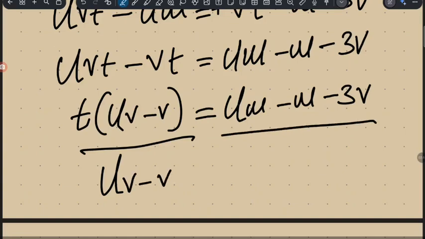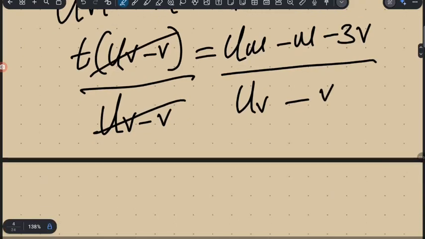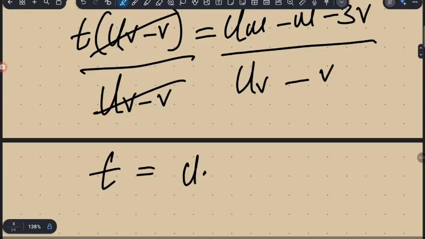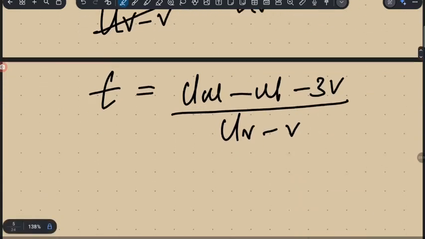This is also uv minus v. So this we cancel this. So we have our t is equal to uw minus w minus 3v to divide uv minus v. So this is the value of t.